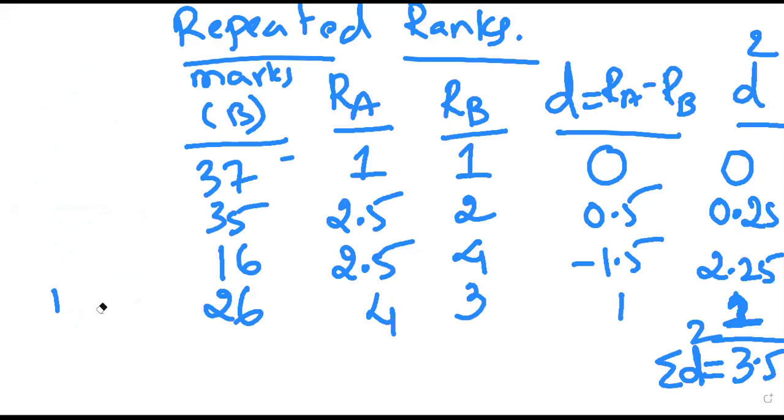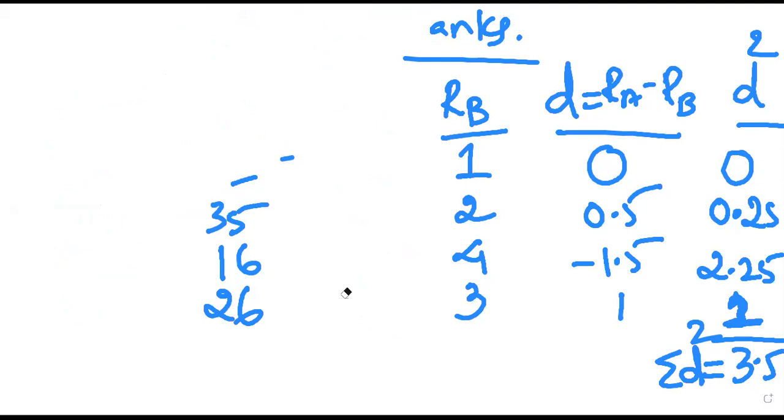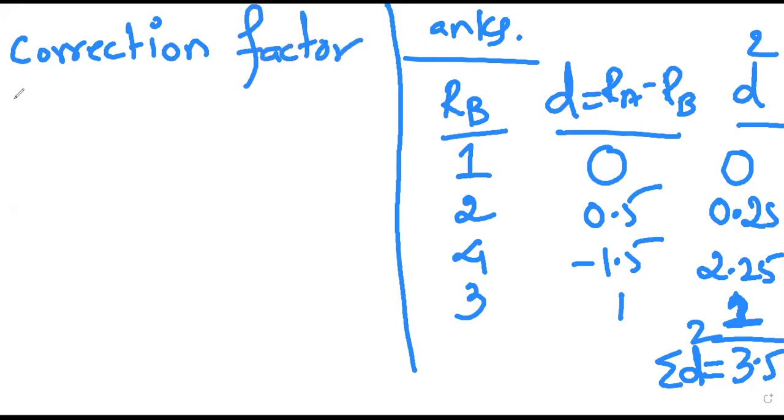Once this is done, we have to determine the correction factor. Do not calculate the correlation coefficient yet. Just wait. We have to determine the correction factor first, and then go ahead. Whenever there is a repetition, we have to determine the correction factor. What is the correction factor?